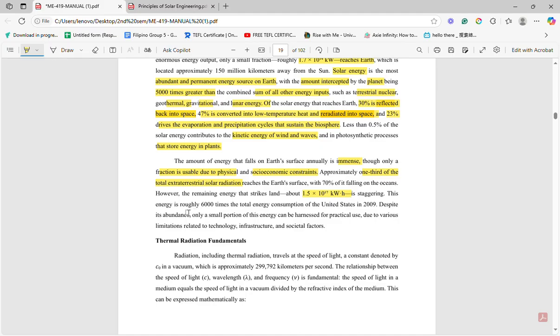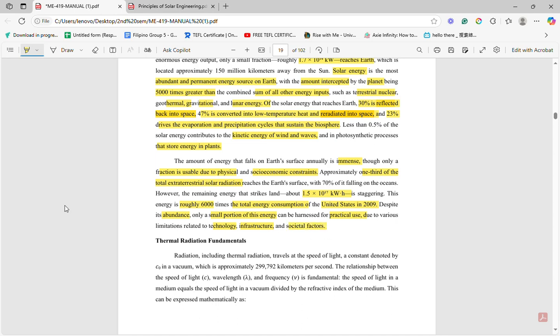This is roughly 6,000 times the total energy consumption of the US in 2009. Despite its abundance, only a small portion of this energy can be harnessed for practical use due to limitations related to technology, infrastructure, and societal factors.